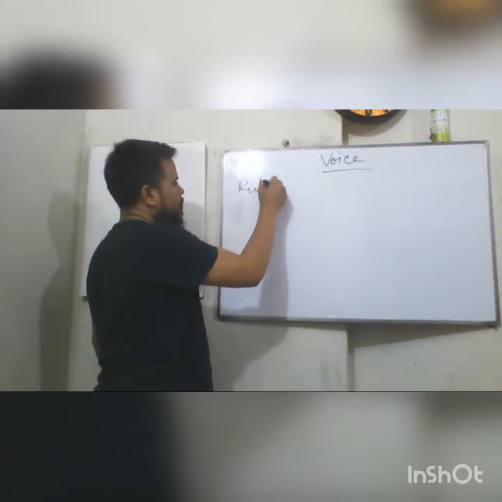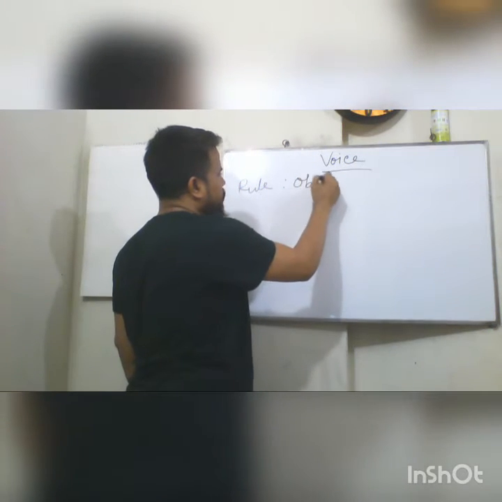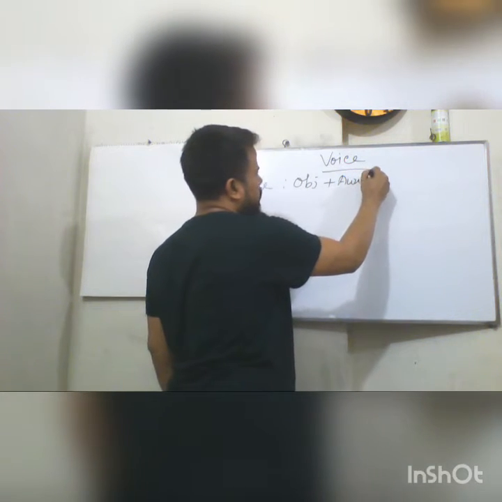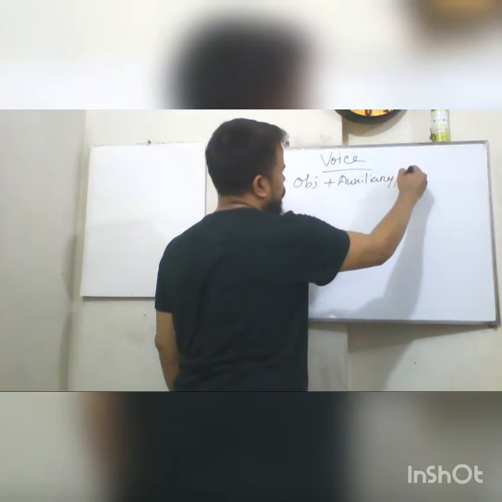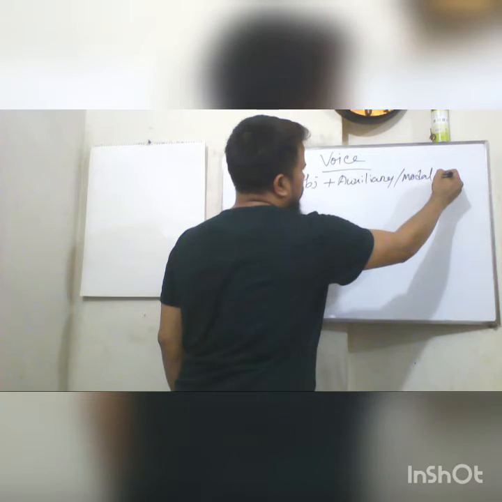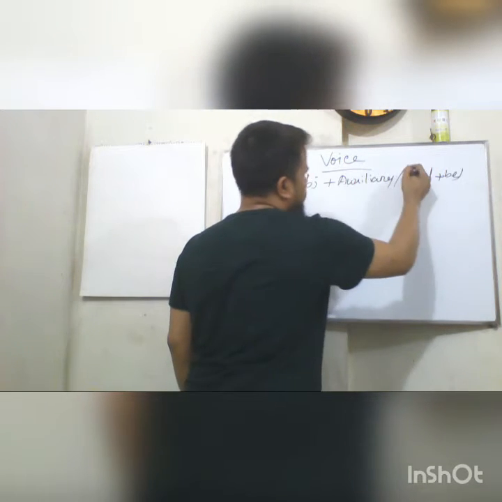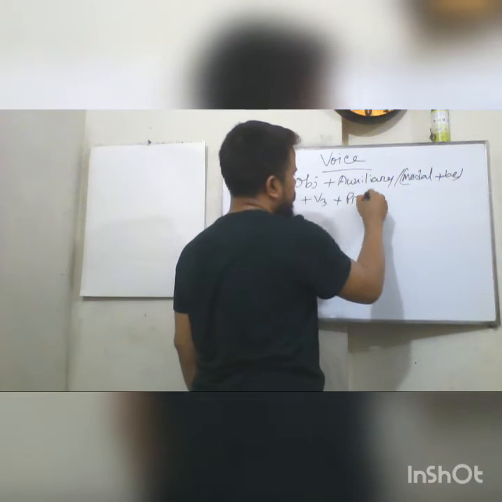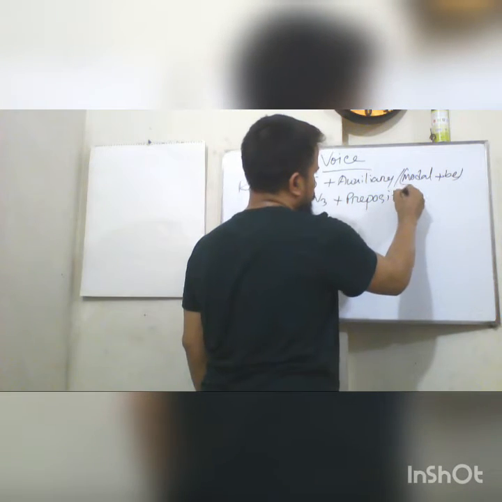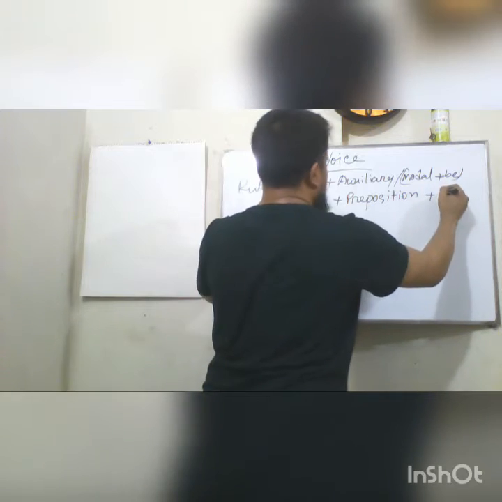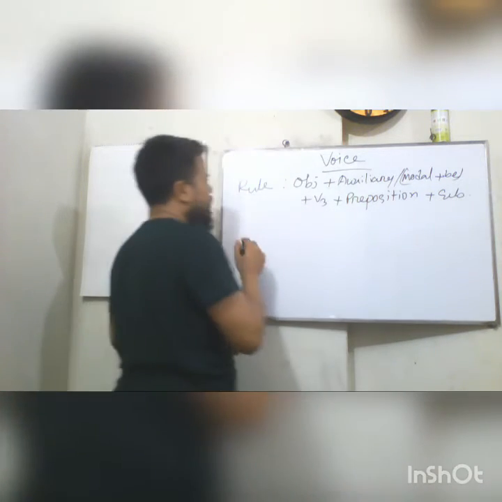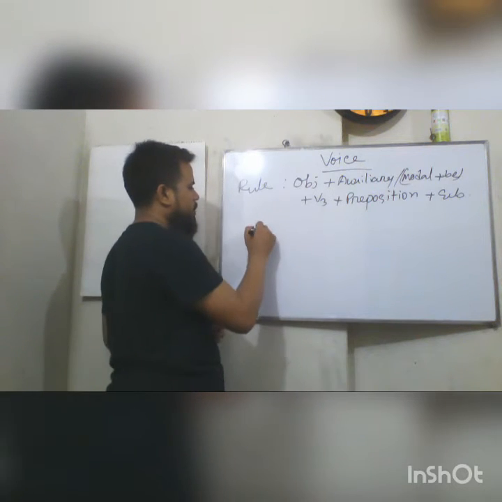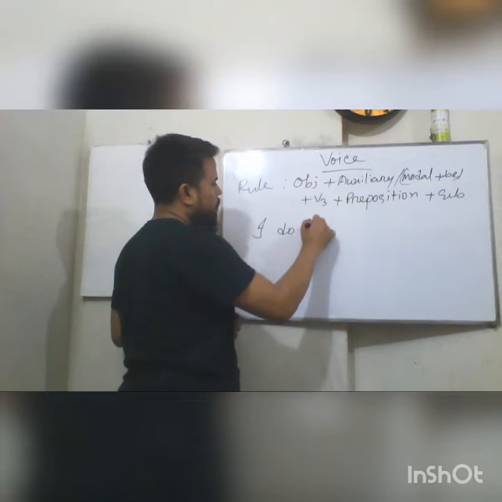Rule: first of all, object, then auxiliary or modal, plus be, that means be verb, then verb three plus preposition, and then subject. Present indefinite tense: we can write, I do the work.